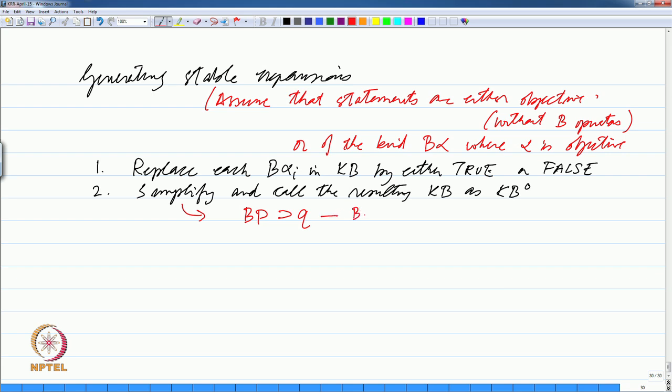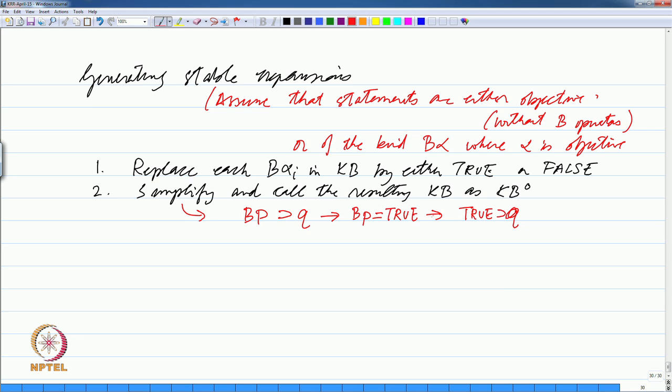If B P is equal to true, it will take us to, I am just using some very informal notation, true implies q.